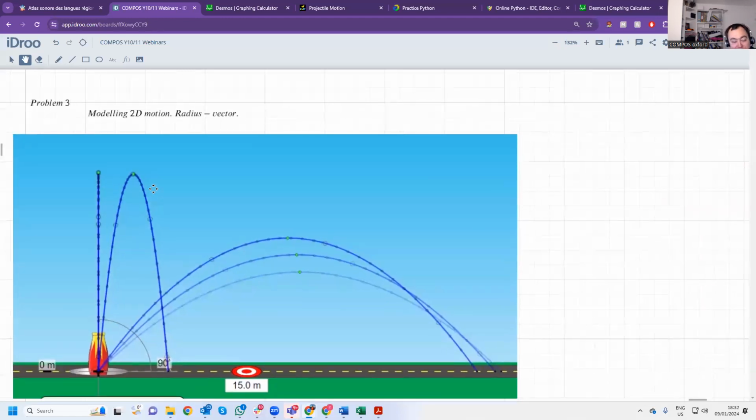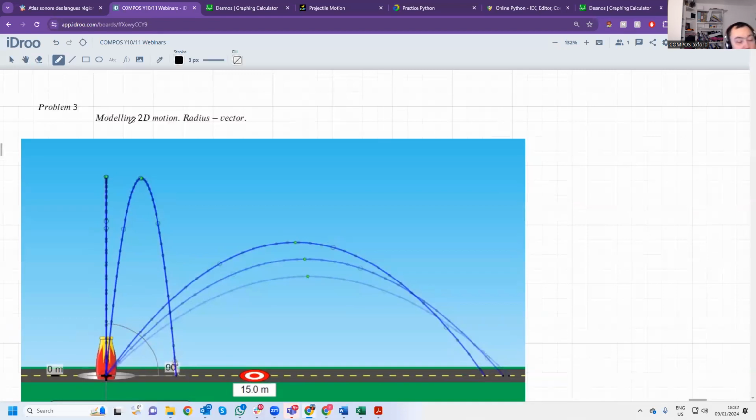Now here there are two different approaches. Well, you can say that horizontally you have constant velocity. And that means x is equal to x0 plus vx, the horizontal velocity, multiplied by time.